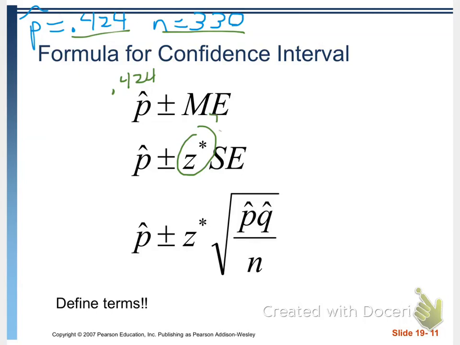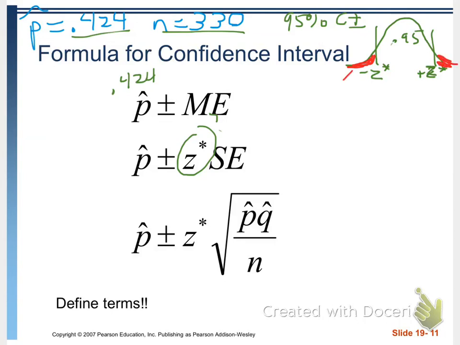Well, it says a 95% confidence interval. So that would mean we're looking at something like this. We want our area here to be 0.95. So I need negative z star and positive z star. Okay? So really what I want is this tail here. These two parts have to be 5%.